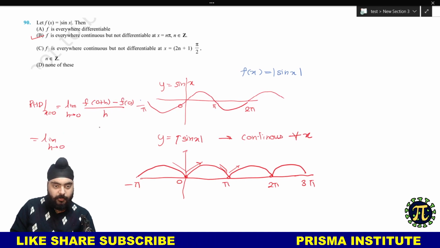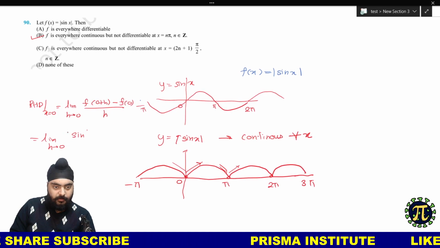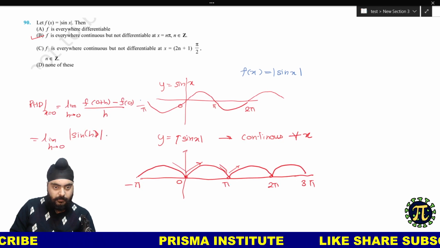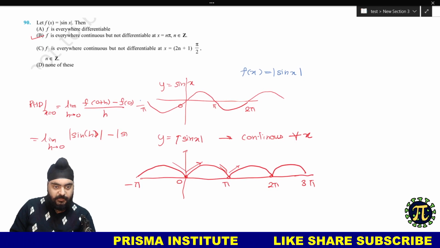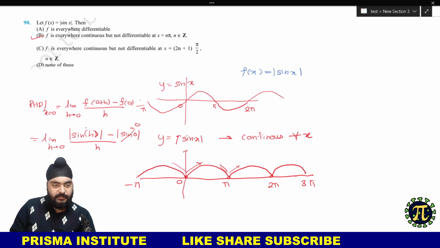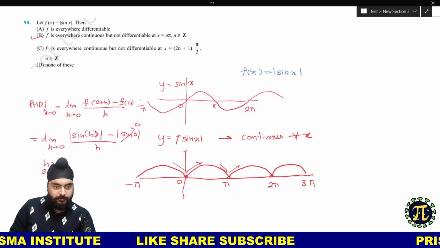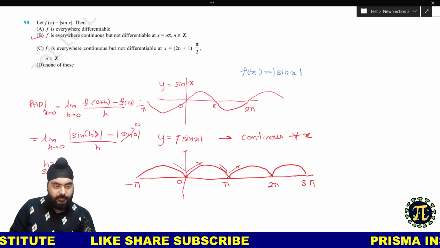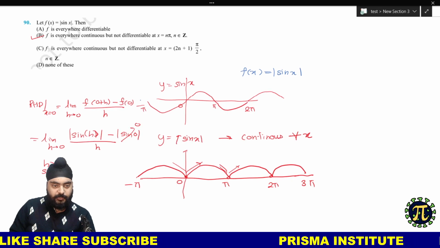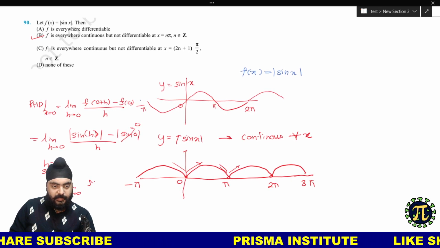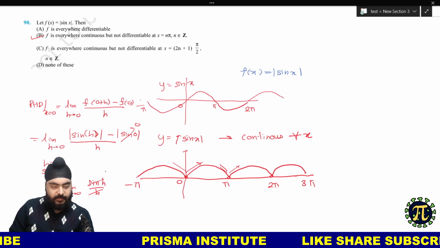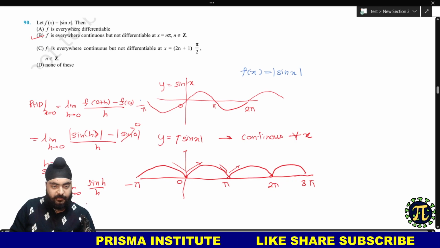Our function is mod of sin x, so this is mod of sin h minus mod of sin 0, which is 0, divided by h. Since h is positive, sin h is positive. It's a very, very small number, h is in the first quadrant. So this will become limit h approaching 0 of sin h by h, and this limit we have already done in class 11th. This is equal to 1.